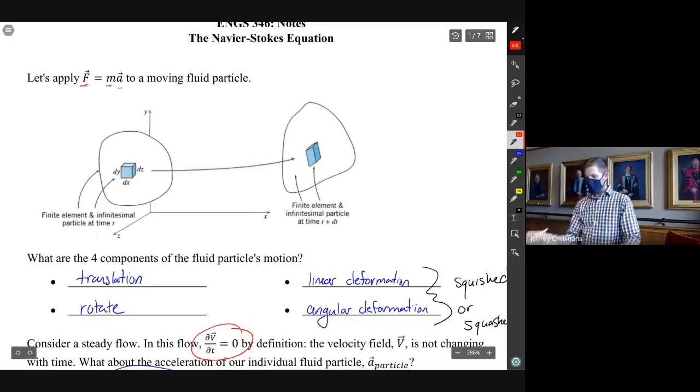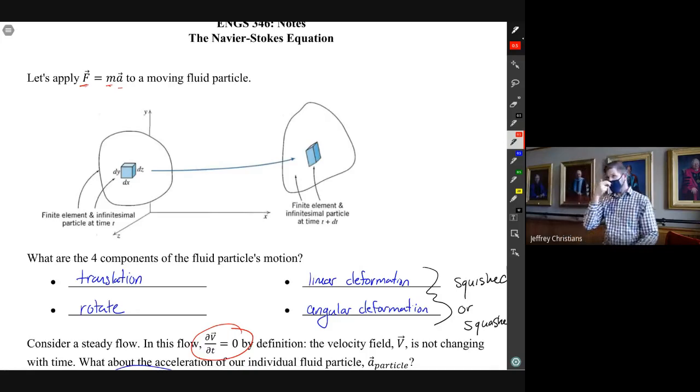We're doing that on a little tiny cube of fluid that's moving in some larger velocity field, some larger fluid flow. So this is one little speck of fluid in a larger velocity field. We're trying to build up equations for what the force on that little cube of fluid looks like, what its mass is, and what its acceleration looks like.